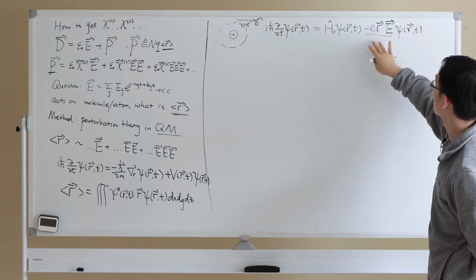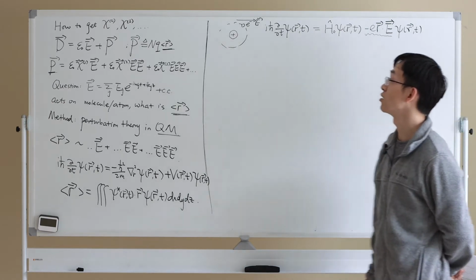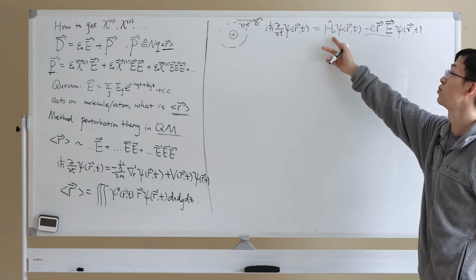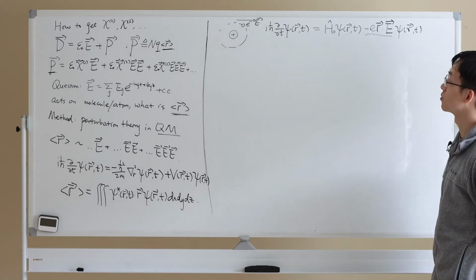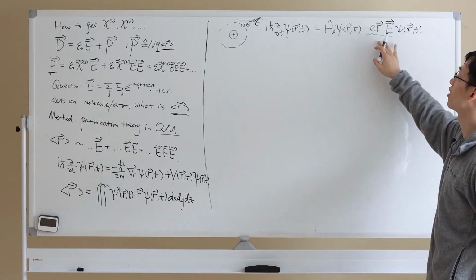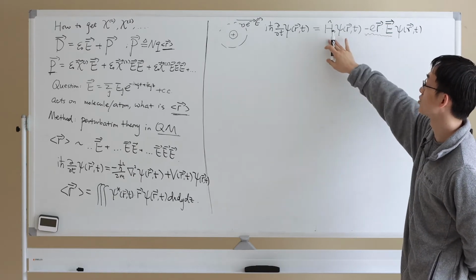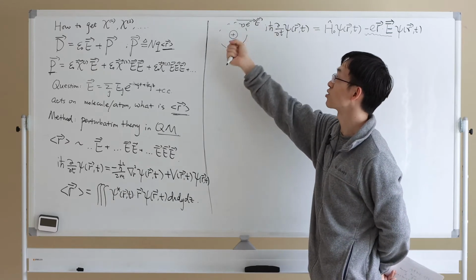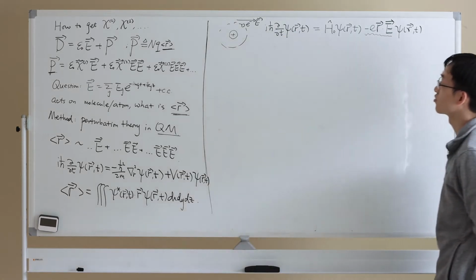We can say that the energy you impose on the electron from the external field is much, much smaller than the scale of the potential energy of the original atom or molecule. This actually makes a lot of sense, right? Because think about it: if this term is on the same magnitude as the original energy, then it will pull the electron away from its original orbit and become almost loose, and then you can get some free electron out.